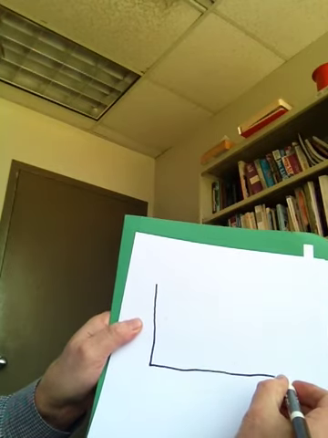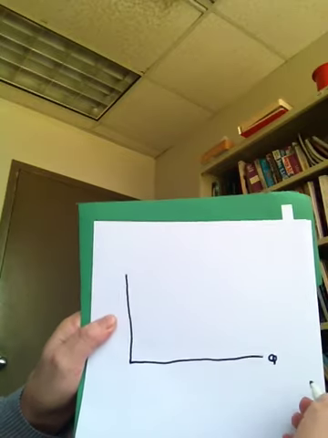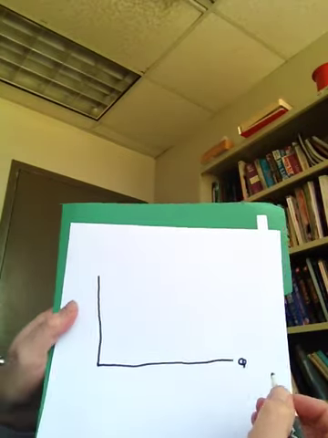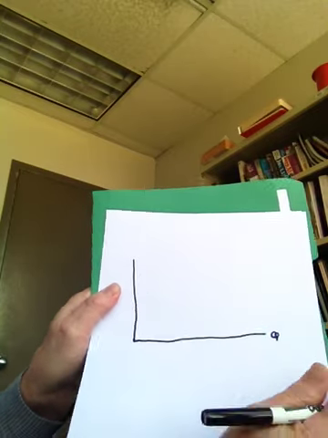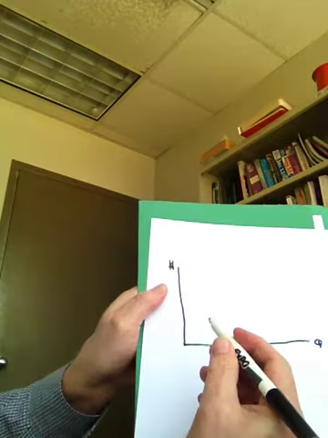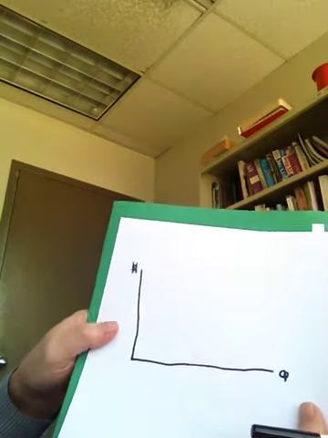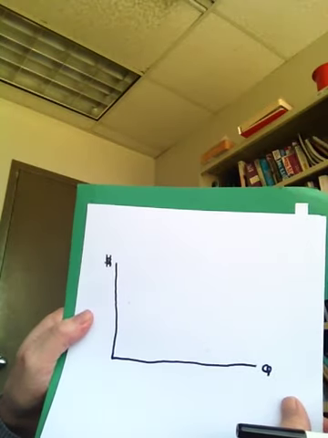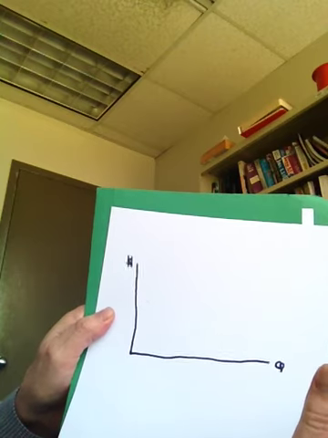This horizontal axis measures the number of widgets produced, the number of units. That Q stands for quantity: 1 unit, 2 units, 50 units, 100 units, whatever it is. This axis is measured in dollars: $1, $2, $50, whatever.